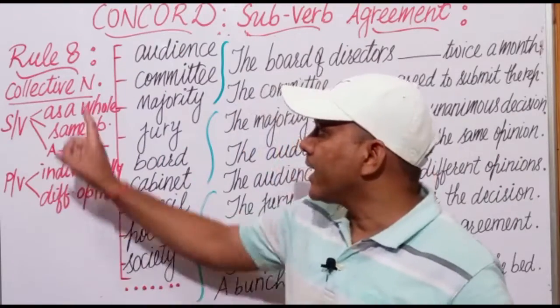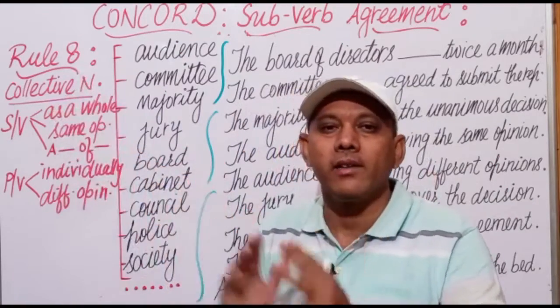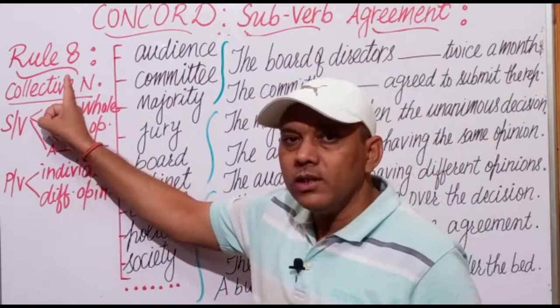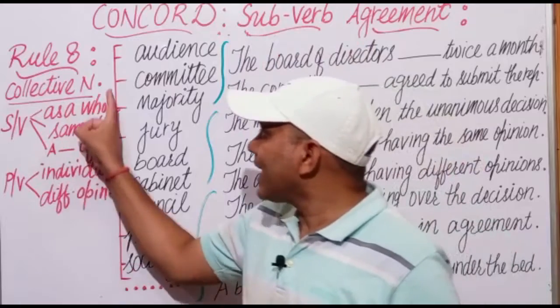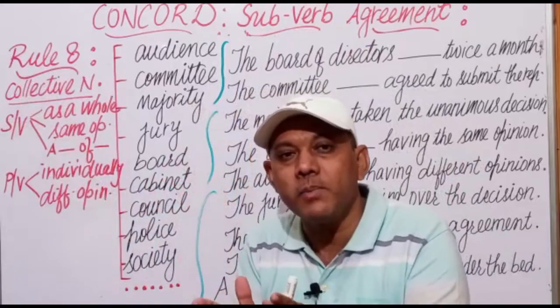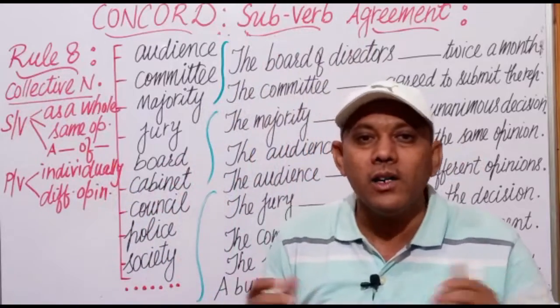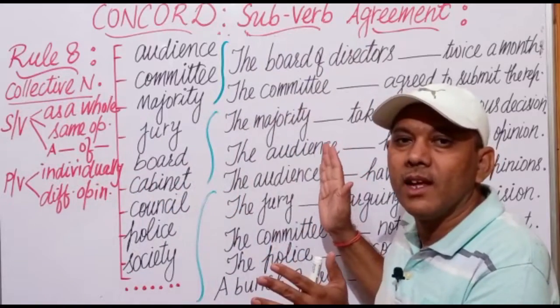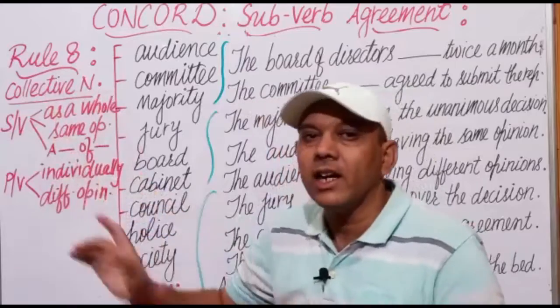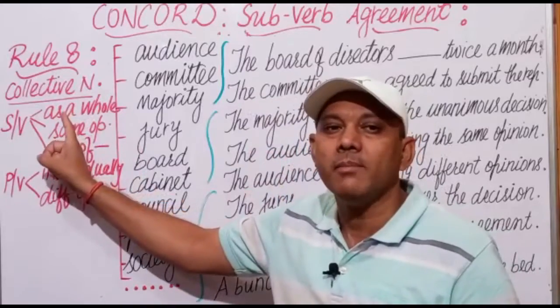Now, the next rule is rule number 8. In this rule, in case of subject-verb agreement, if a collective noun is the subject of a sentence, we usually take a singular verb after it.